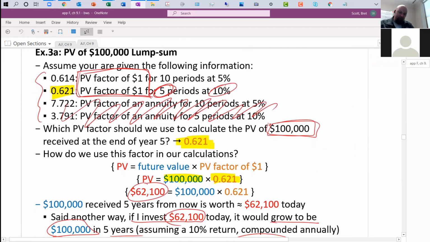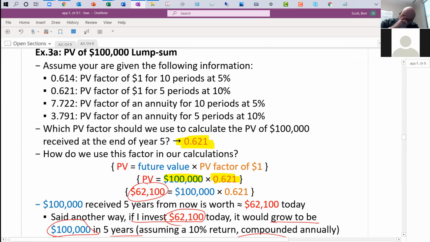The 3.791 is essentially getting paid out 5 times at a bigger percentage. If we say, pay me out more frequently, pay me out twice as fast, but at a smaller return, essentially it's the amount that we're paying out.